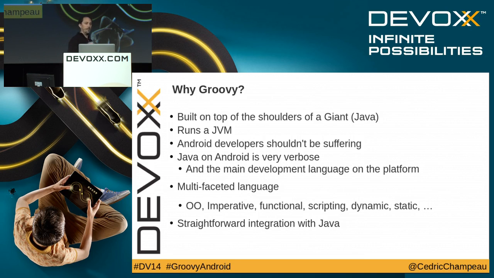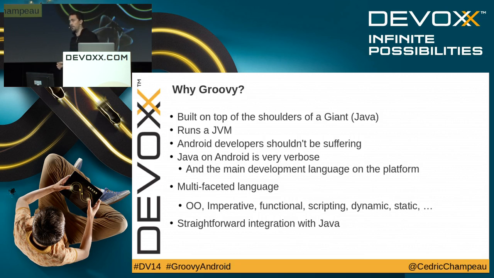Groovy is what we call a multifaceted language. What does that mean? Basically, Groovy lets you program in multiple ways. You can do object programming, imperative, functional, etc. So you have lots of options. We don't say one option is better than the other. It's up to you.